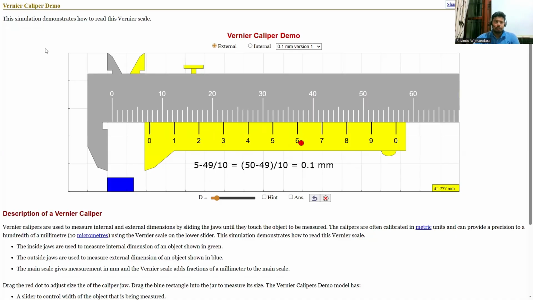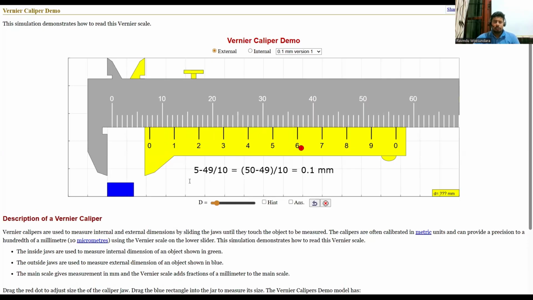Now how to read this one: first you need to identify the location of the vernier zero. So this is the vernier zero. What is the main scale reading? This is the fifth one, sixth one, seventh one.